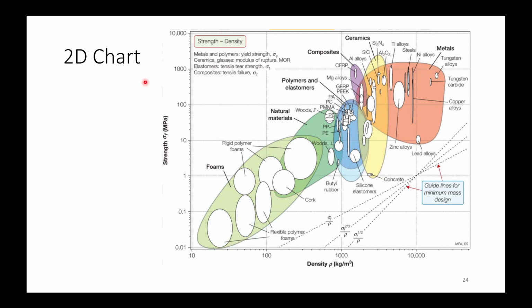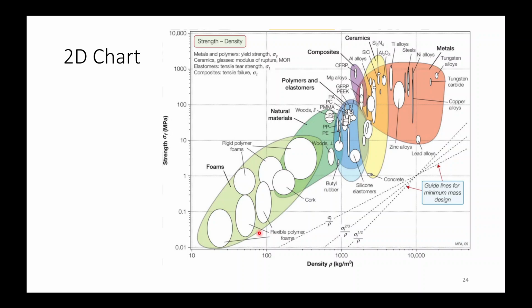Now these are the Ashby charts, and these are 2D charts. So on the x-axis we draw a property, on the y-axis we draw another property, and these bubble charts are formed for different types of materials: metals, ceramics, composites. So these give us an idea.